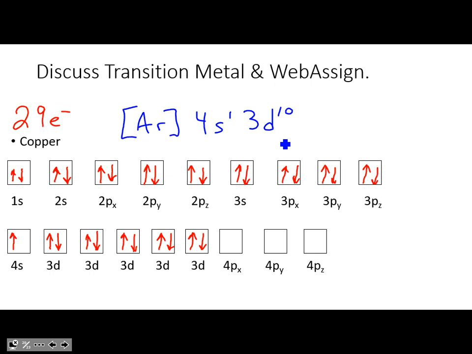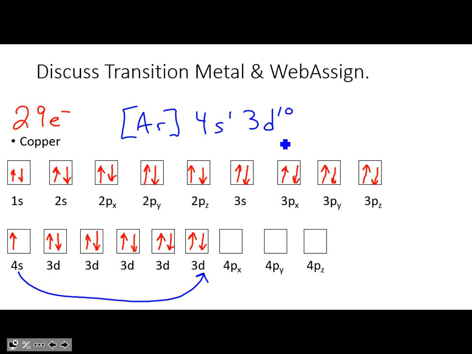Now, we would expect it to say 4s2 3d9. However, what is happening is that electron from the 4s is transitioning over there to fill that d orbital.